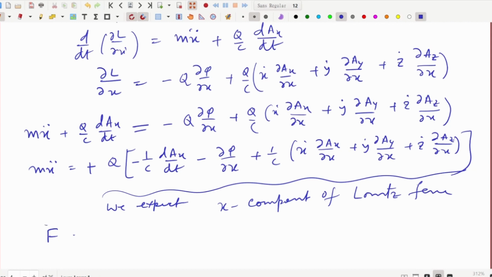So, the Lorentz force, let me remind you again, the x component will be q times the electric field x component plus 1 over c v cross B x component.